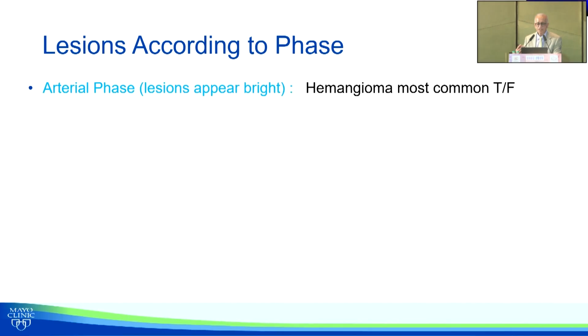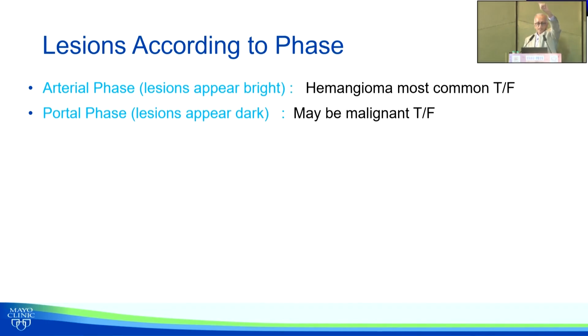Now these are the lesions according to the phase. Let's say arterial phase, hemangioma most common. Arterial phase lesion you'll see. Show of hands. Portal phase, lesion appears dark, may be malignant.